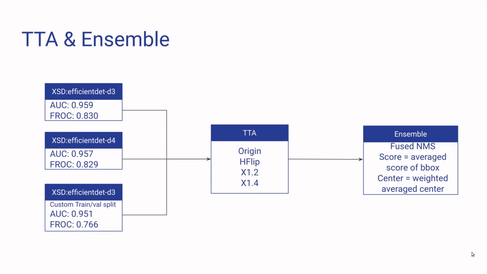In my final submission, I used three different trained models. The first model is the EfficientDet D3, which gives my best local validation score. The second model is a slightly bigger model, EfficientDet D4, and it has a slightly worse score.